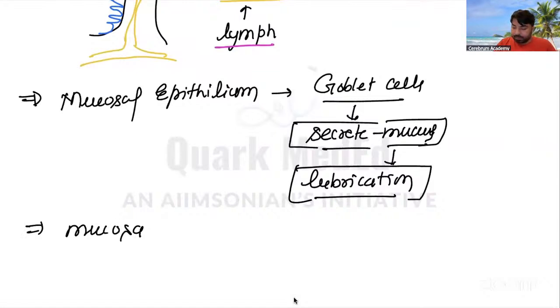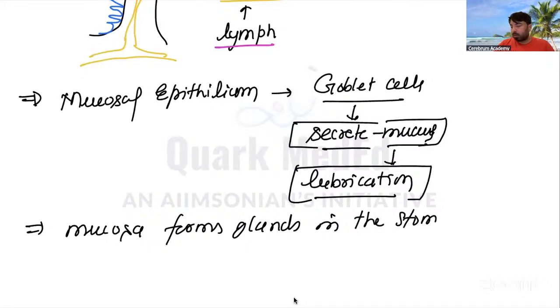Mucosa forms glands in the stomach. This point you have to remember: inside the stomach, the glands are present in mucosa, and inside the duodenum, glands are present in submucosa.